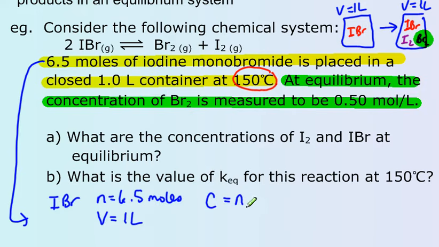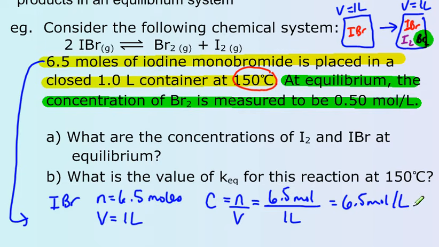Molar concentration, if you recall from grade 11, is number of moles divided by volume. So we have 6.5 moles in 1 liter, and our concentration is 6.5 moles per liter of IBr when the reaction starts. We're talking about these initial conditions here when IBr is the only thing present.